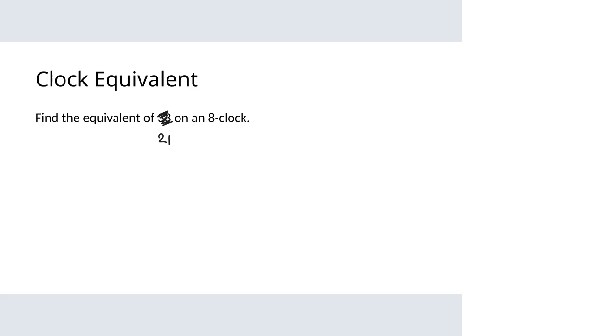Essentially, if you're at 21, on an 8 clock, where would you be? I'll do a poll for this one. So if you were at 21, where would you be?